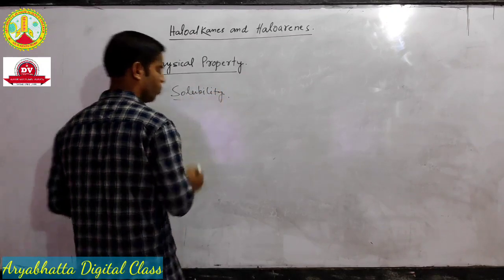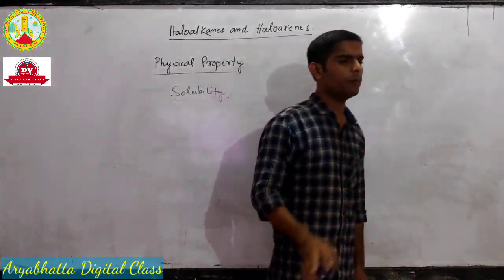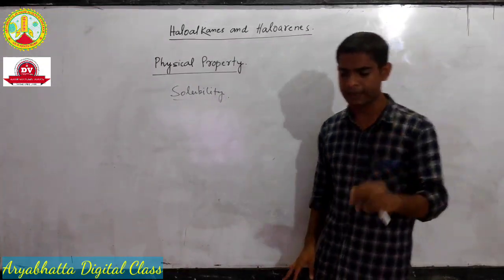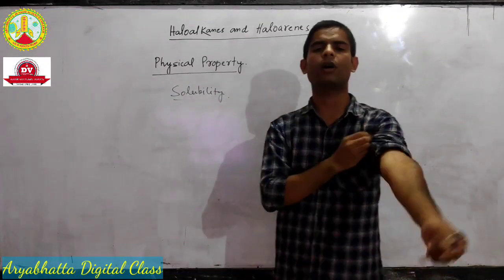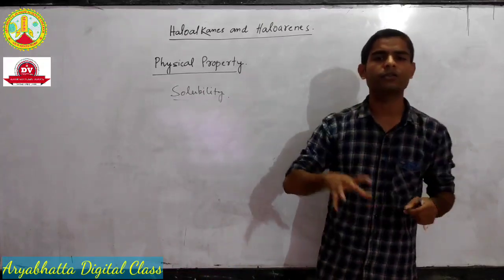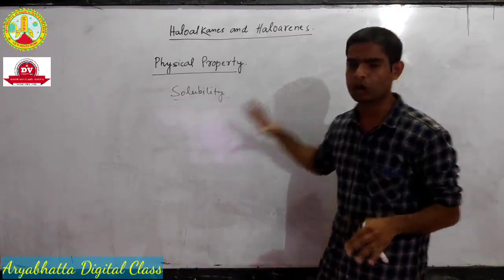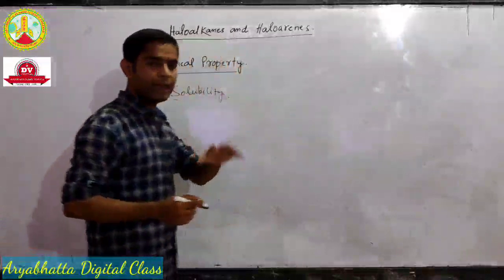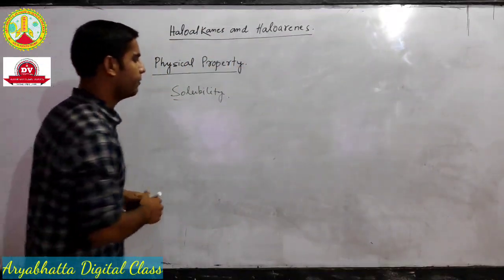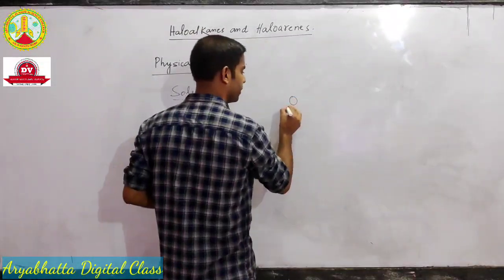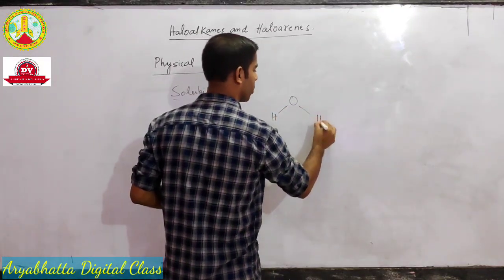Solubility. So whenever in our syllabus we discuss solubility, by default you have to understand that we are checking the solubility in water. In class 11 chemical bonding, I told you that water is a polar molecule.